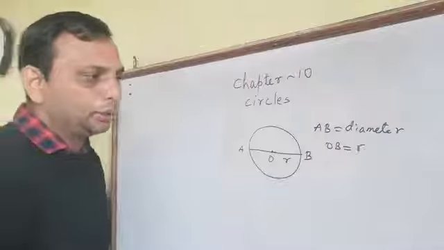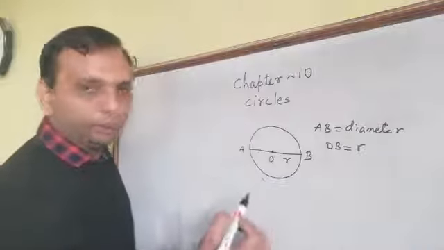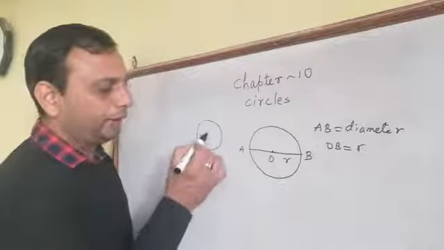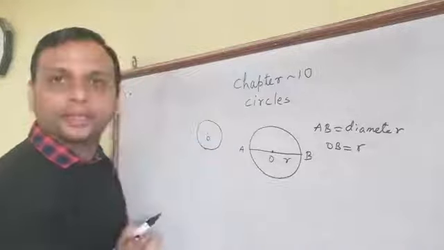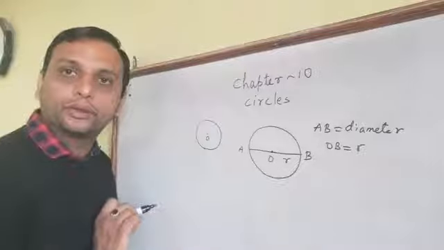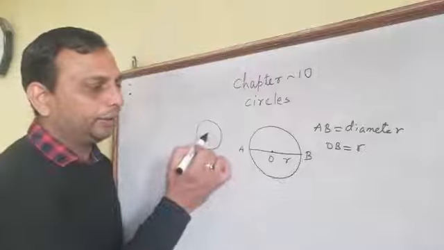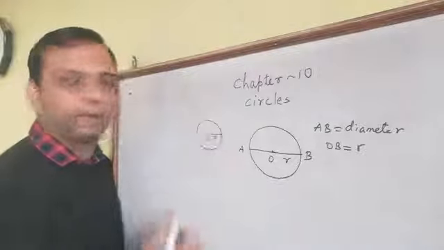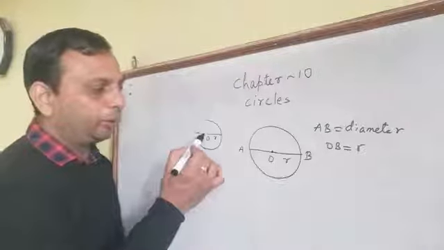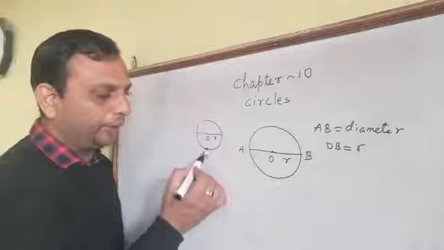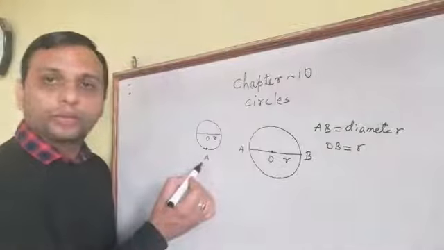Now suppose this is also a circle, and this O is the center. It is inside the circle. This center O is called the interior part of the circle, and this radius will also be an interior part of the circle. Diameter will also be an interior part of the circle. Then suppose this point A is called on the circle.